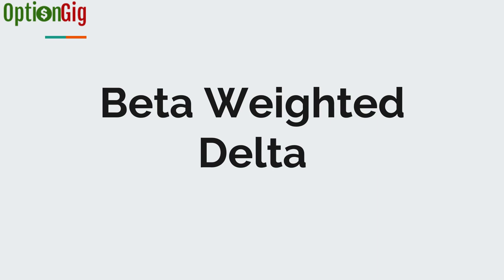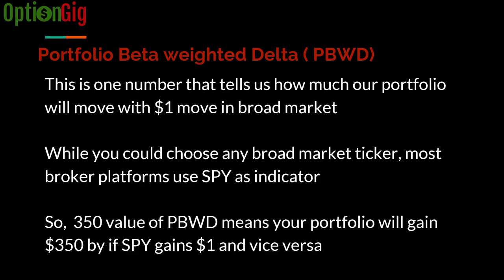We need to find out what my overall portfolio beta is, and then find the overall portfolio delta, which will tell us how much my portfolio will change by a $1 change in SPY. This is the single number which will tell us how much our portfolio will move with a $1 move in the broad market or SPY.